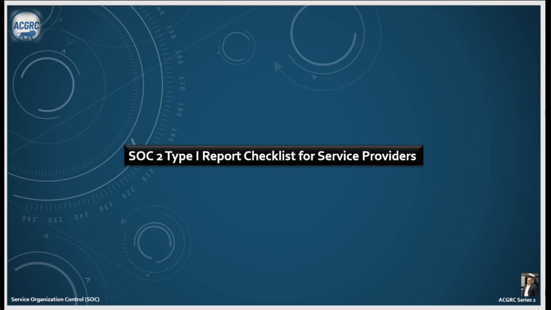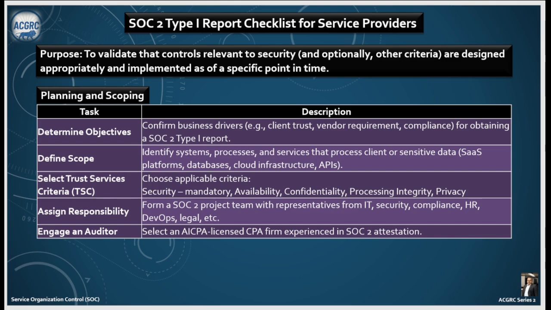Let's now look at the SOC 2 Type 1 report. We covered SOC 1 Type 1 and SOC 1 Type 2. Now we are in SOC 2 Type 1. It's a checklist for service providers. The purpose is to validate that controls relevant to security are designed appropriately and implemented as of a specific point in time.